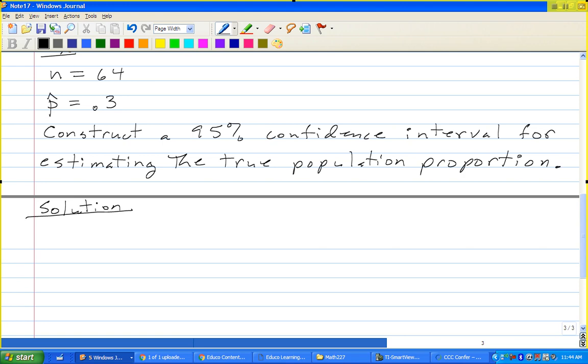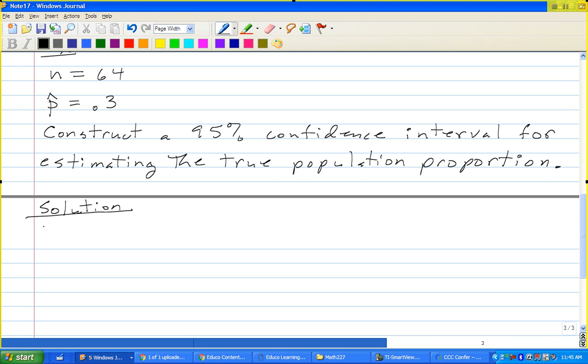First thing is, let's see if the normal approximation to the binomial distribution applies. Notice that this is a binomial distribution. This has a finite population because the population is not specified, and we're doing a simple random sample without replacement again because the sampling technique is not specified.